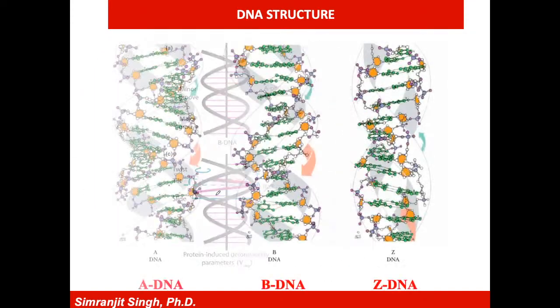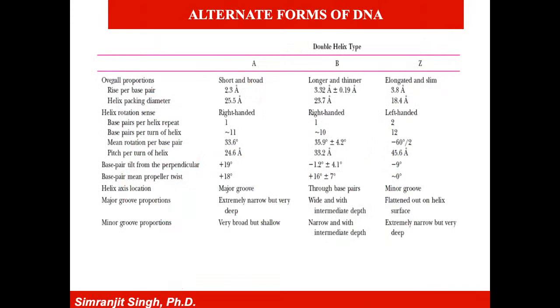So let's take everything one by one. First is your overall proportion. That is alternate forms of DNA, that is A DNA, B DNA and Z DNA. The A DNA is shorter and broader, and this is longer and thinner. This is elongated and slim. Now why are they short and broad? Because the rise per base pair, the distance between two nucleotides, is 2.3 angstrom. Here it is 3.32 plus minus 0.19, and here it is 3.8.